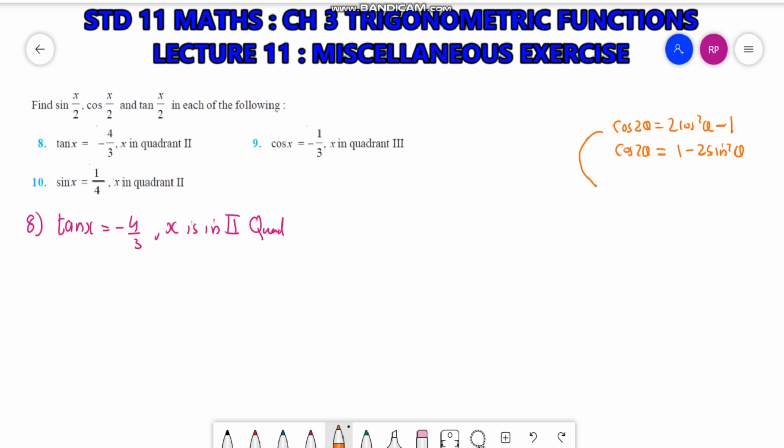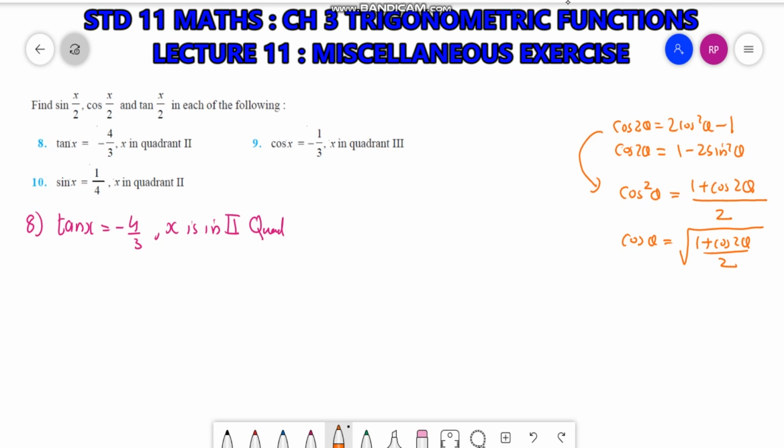From this I can use cos square theta equal to (1 plus cos 2 theta) upon 2.